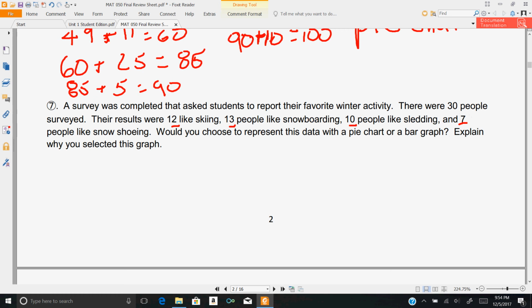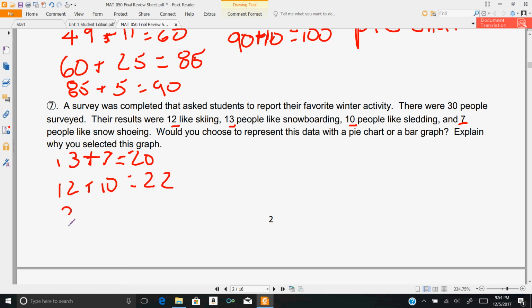And if we add up the numbers, 13 plus 7, you might think about why I added those first. 13 plus 7 gives us 20. And then I have 12 and 10. 12 plus 10 equals 22.